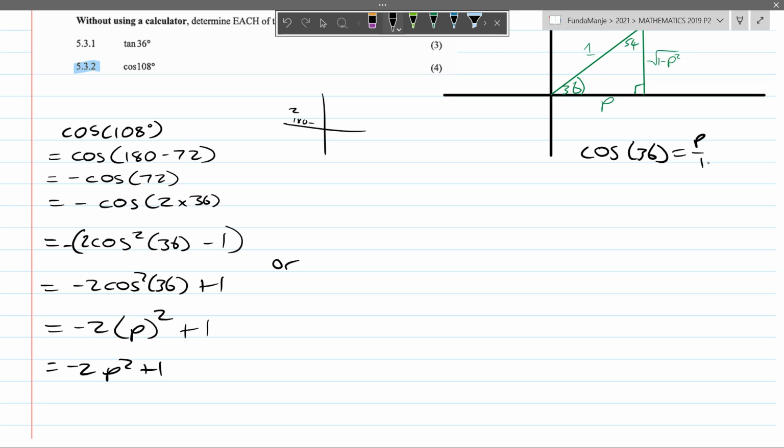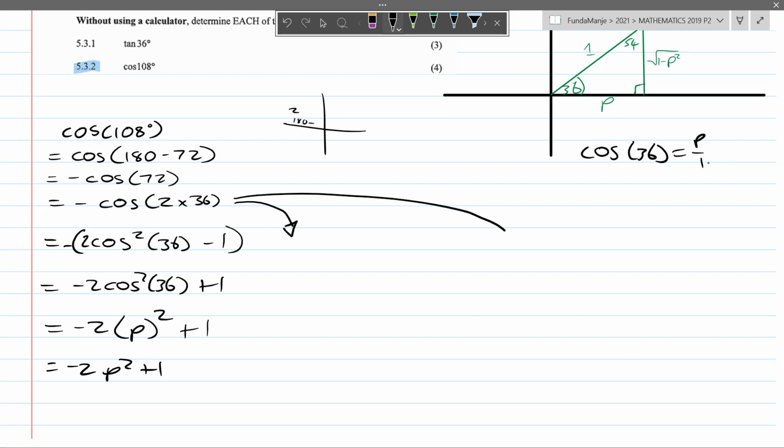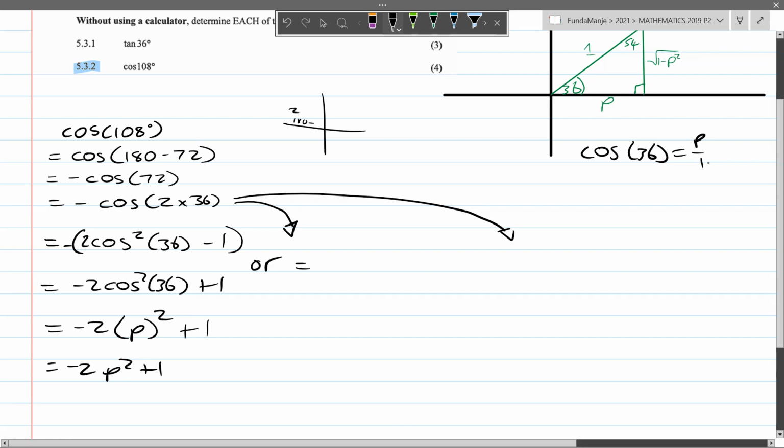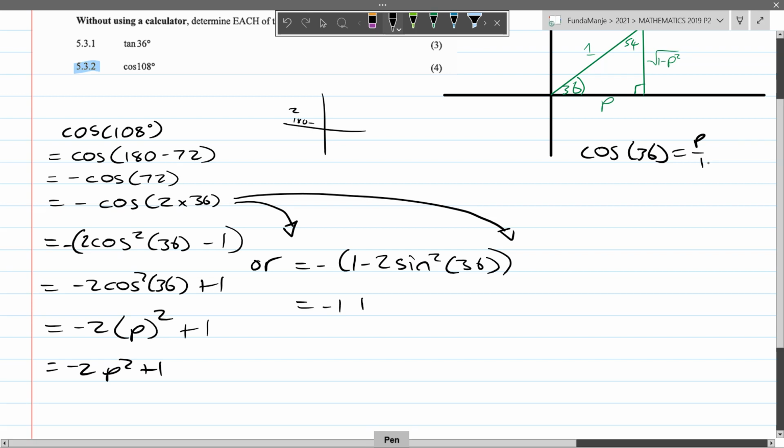You could use another trig function at this point. In fact, you could use two other trig functions. You could use the one that states, since we have the negative there, this is equal to negative of 1 minus 2 sine squared 36, like that. And then this becomes negative 1 plus 2 sine squared 36.